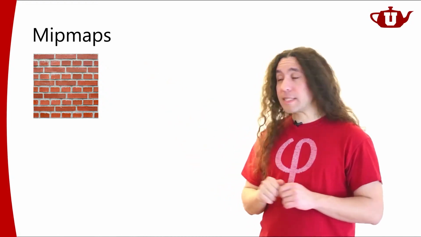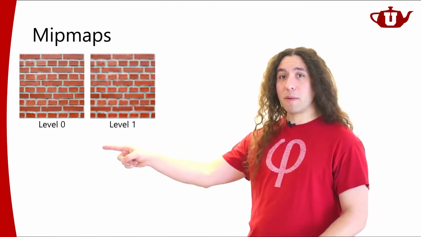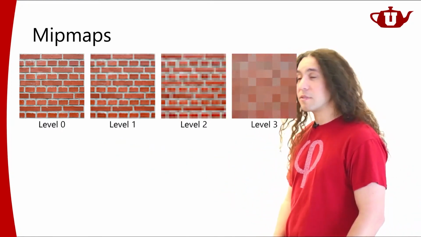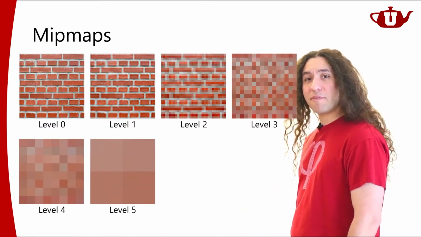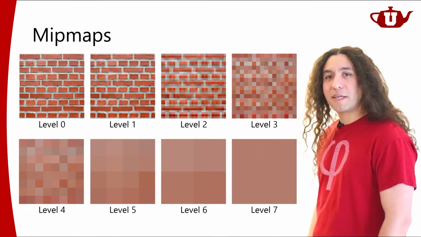So with MIPMAPs, I'm going to generate versions of my texture that have different resolutions. Level 0 of my mipmap is going to be the original resolution texture, and then with each consecutive level, I am reducing the resolution a little bit.